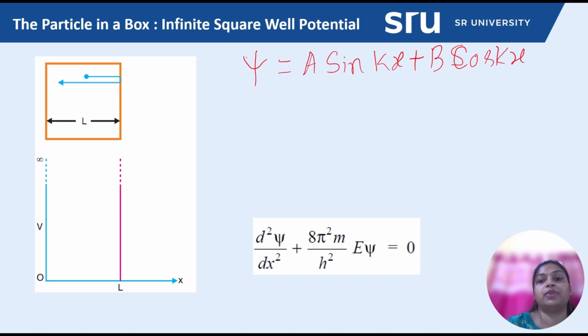First, if we apply the condition psi is equal to 0 at x equal to 0, then we get b is equal to 0. And if we apply another condition, psi is equal to 0 at x equal to L, we get 0 from this equation.